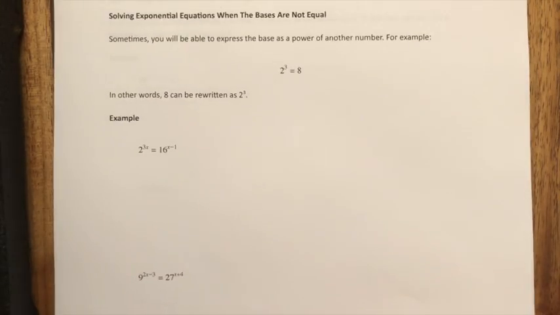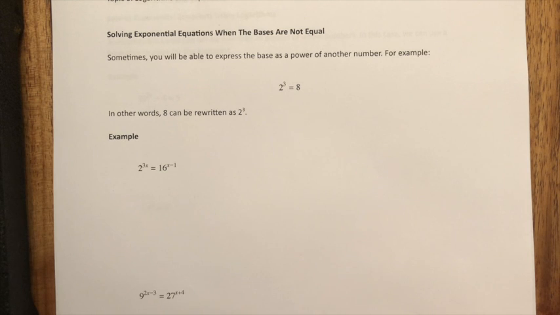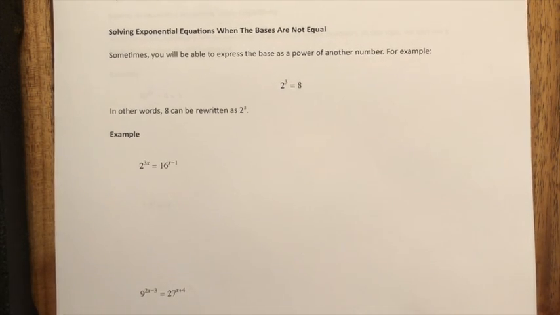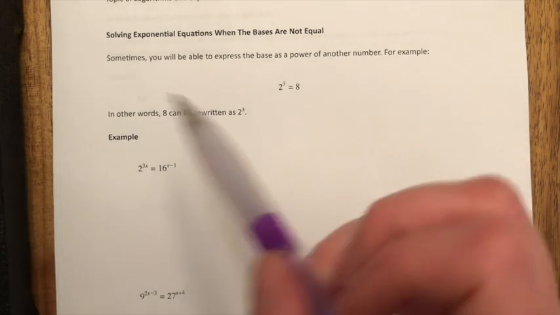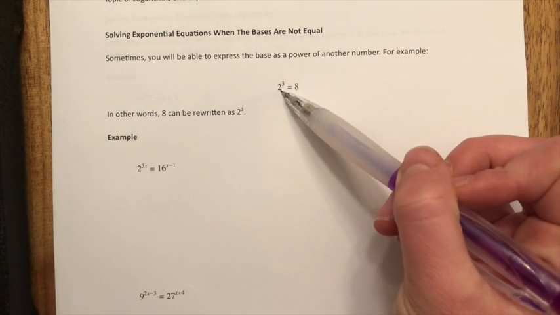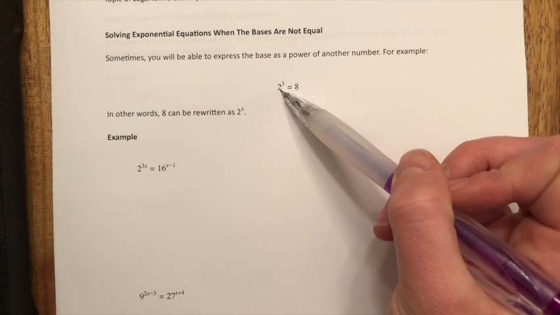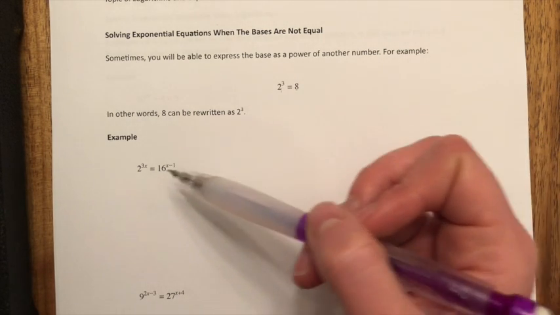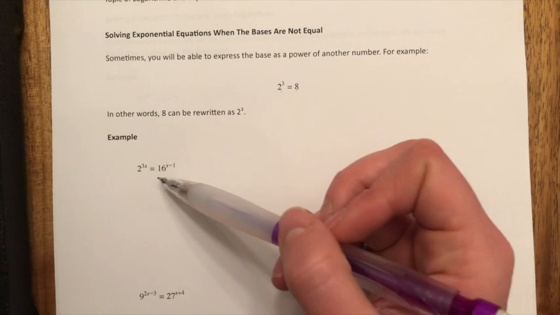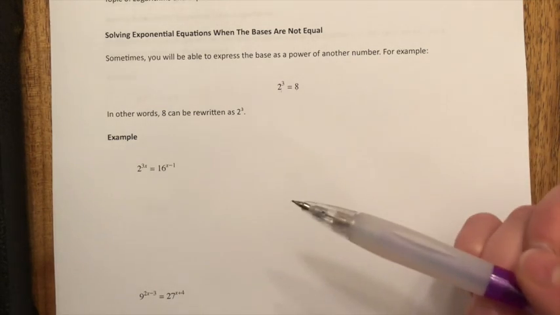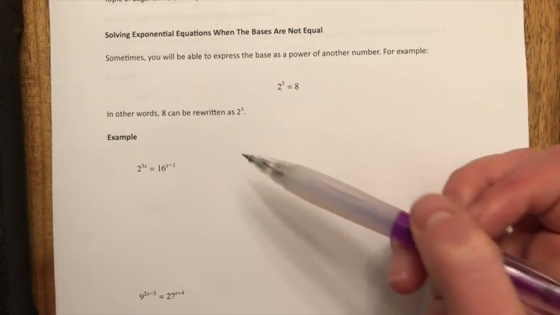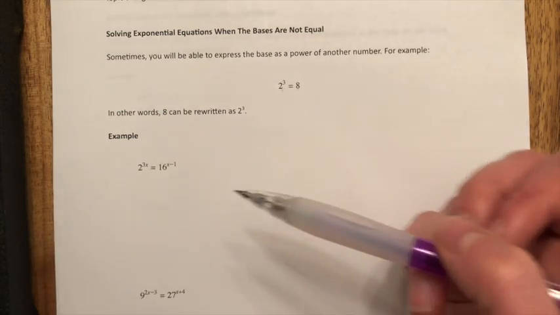The second case is when the bases are not equal, but we can manipulate the equations to make the bases equal. Something like 8 is equal to 2 cubed. There are situations where we can look at the bases and say, I could represent both of these bases as the same base power, and then my bases are going to be the same.